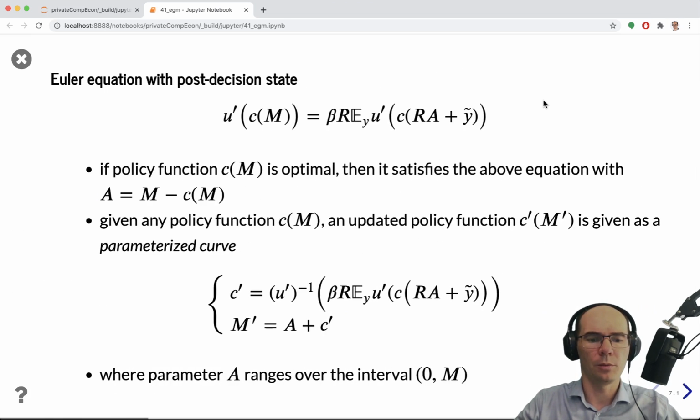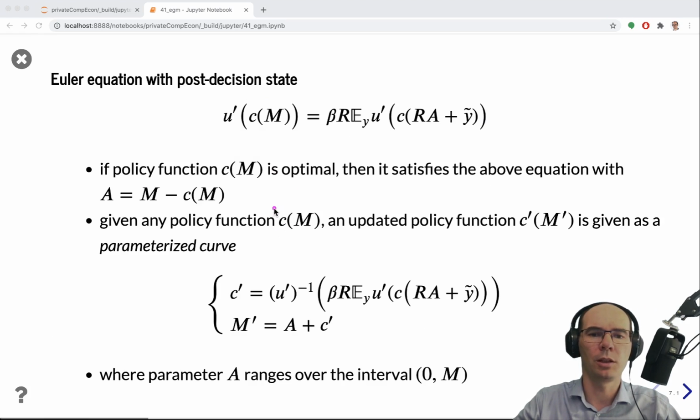Okay, what does this A give us? Well, first of all, we can rewrite the Euler equation with A over here. And because this is still an Euler equation, it is a necessary condition, right? We know that if some consumption function C of M is optimal, and so is a policy function, then it satisfies this equation where A would be equal to the difference between M and C of M. But with the introduction of this intermediate value A, we can also think of this equation as a way to update a consumption function.